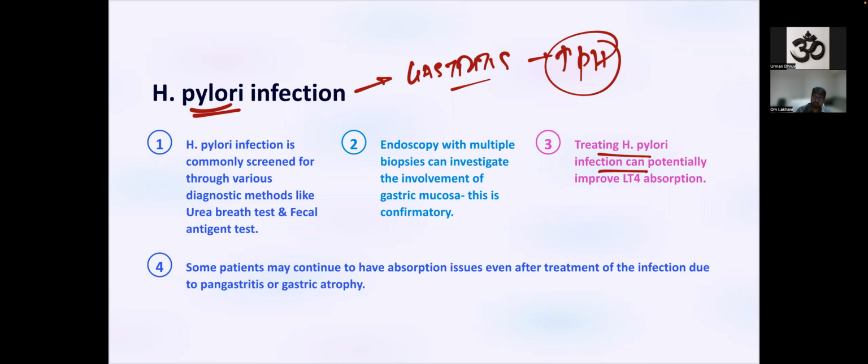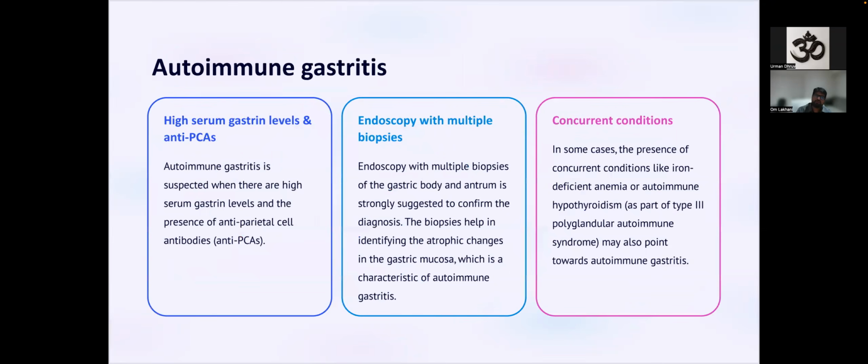and because of recurrent H. pylori infection, they tend to develop pan-gastritis, which can lead to gastric atrophy. So these are some of the situations which can happen, and autoimmune gastritis can often coexist with hypothyroidism. So autoimmune gastritis also you need to rule out in patients in this type of situation.